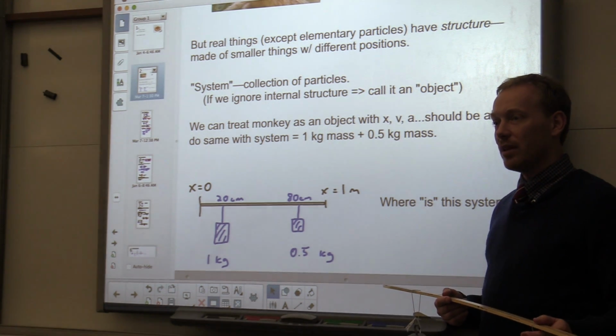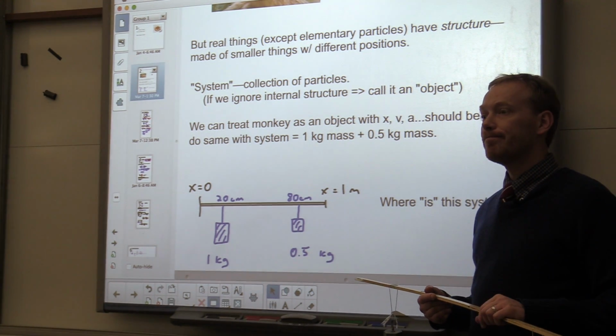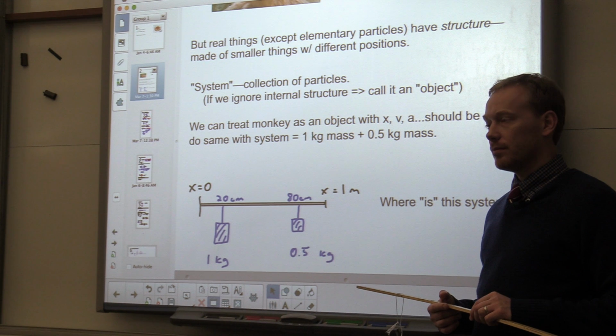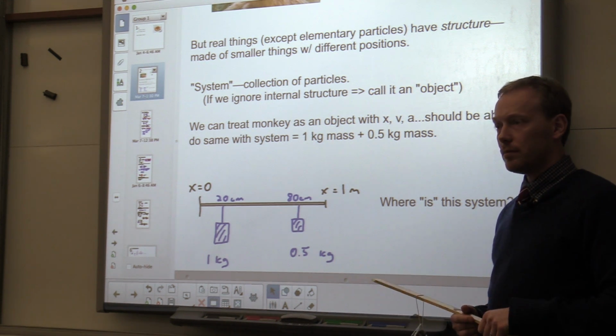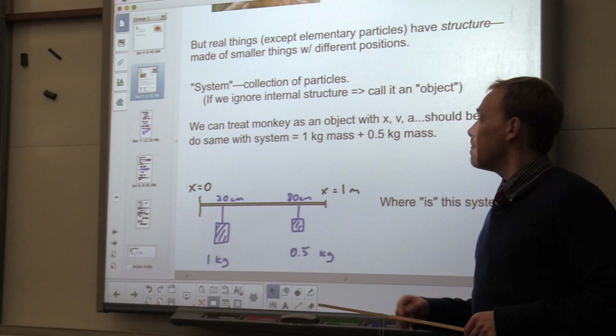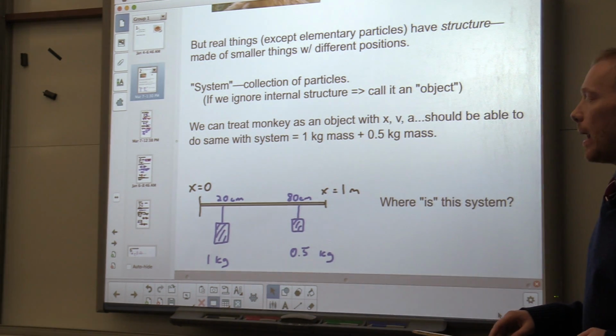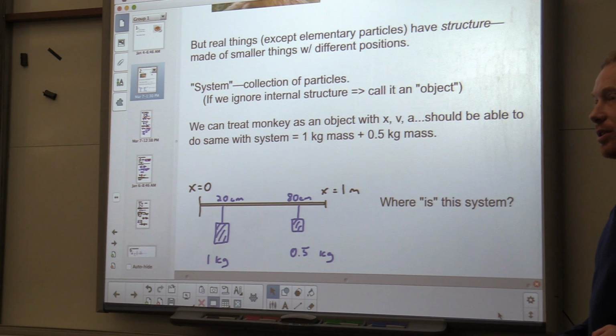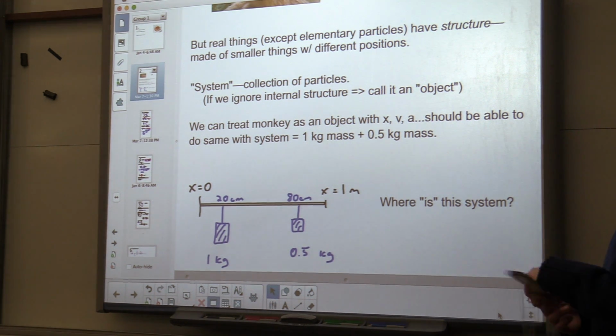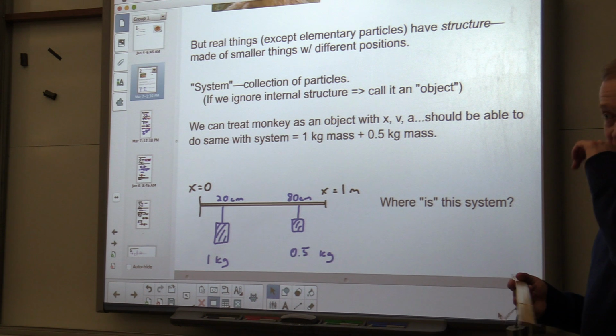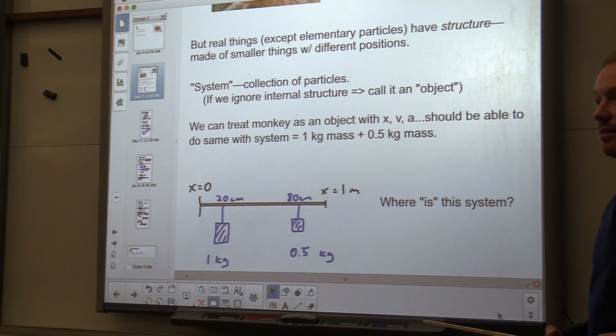We had a formula. The center of mass equals m1 times x1 plus m2 times x2, over m1 plus m2. That's true, and you could do that with your calculator right now. Anyone able to do this without using your calculator? Henry? I think the answer is like 30.